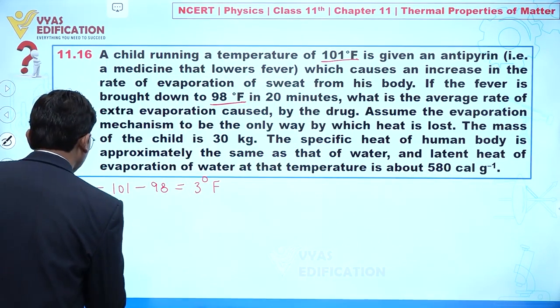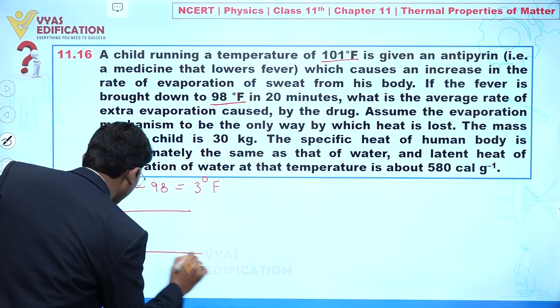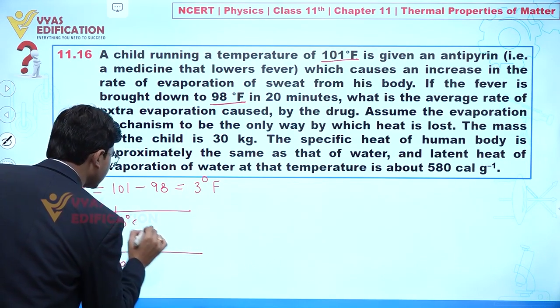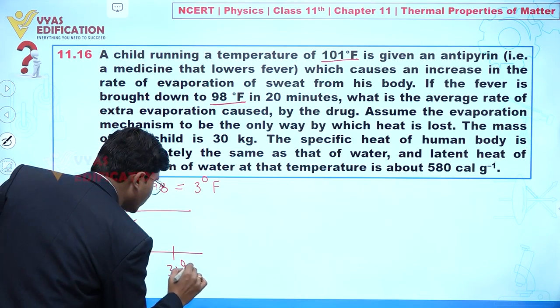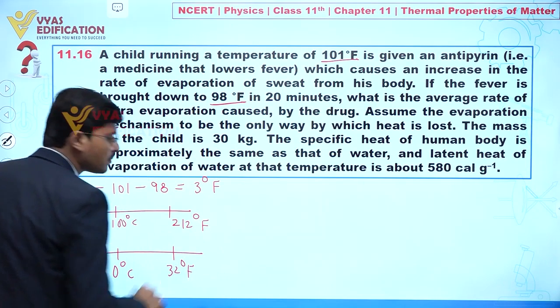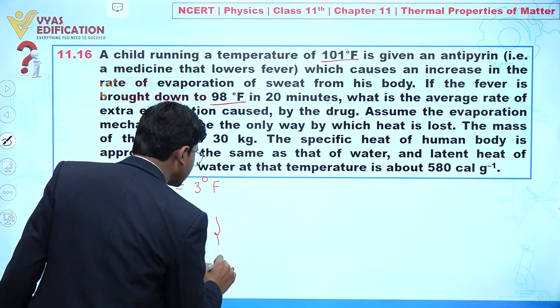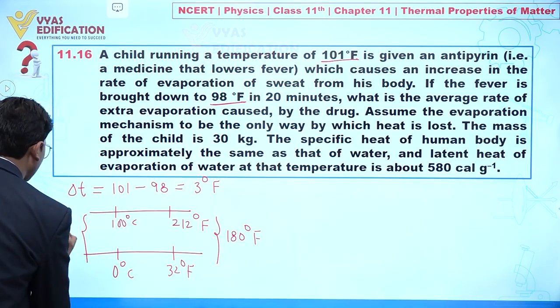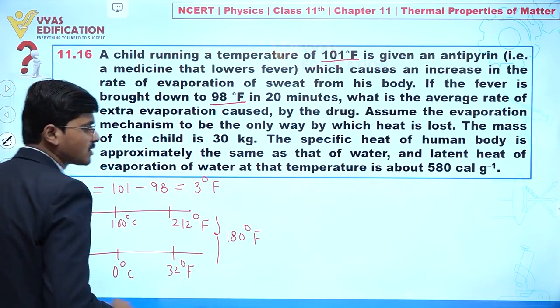Can we convert this temperature into degrees Celsius? Yes. On the temperature scale, this is 0 degrees Celsius, this is 100 degrees Celsius, this is 32 degrees Fahrenheit, and this is 212 degrees Fahrenheit. So the difference of 180 degrees Fahrenheit equals 100 degrees Celsius.